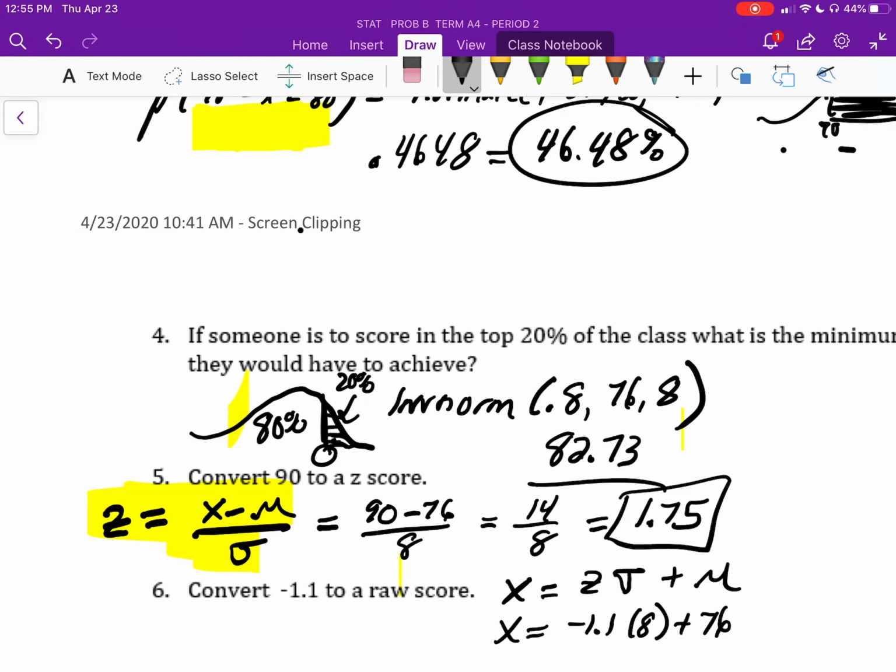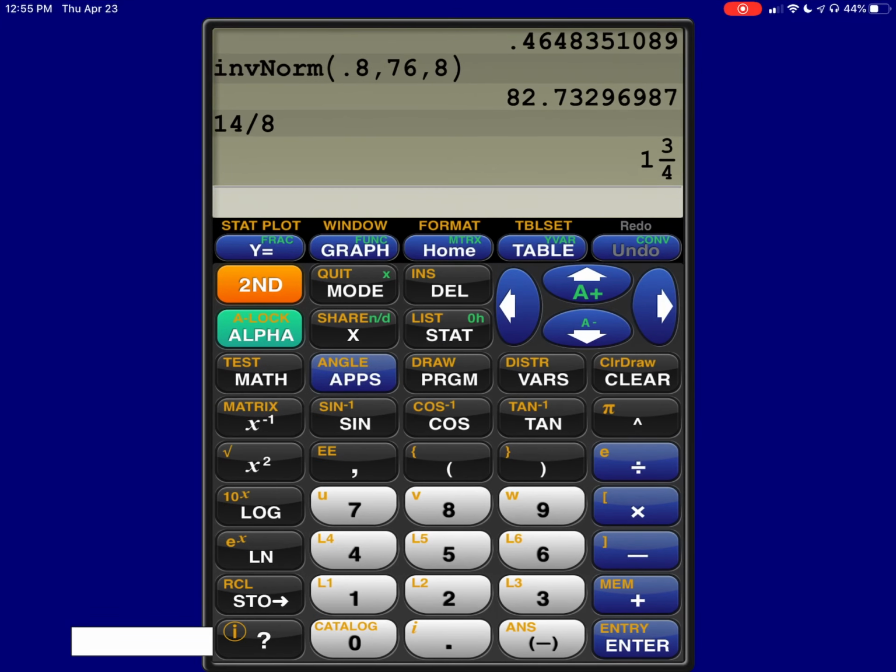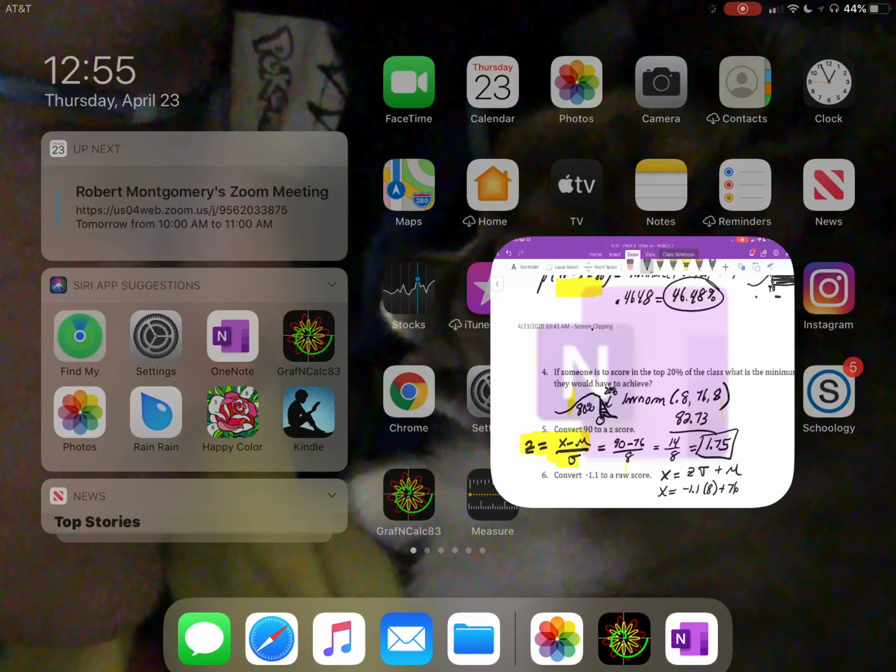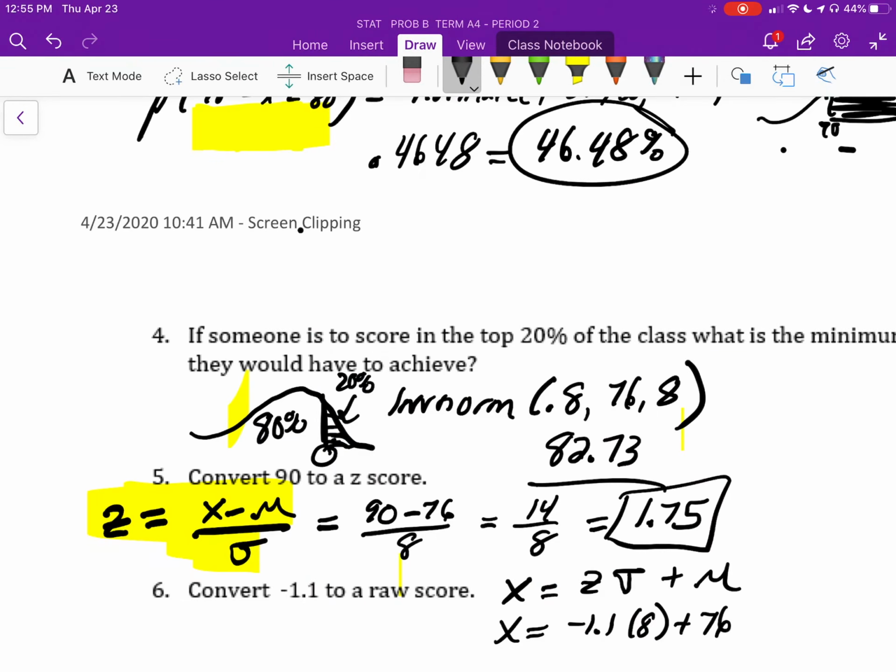All right, so let's do that later. Negative 1 times 8, clear. So let's look back at our formula. Negative 1.1 times 8.